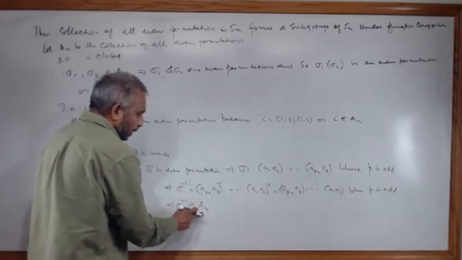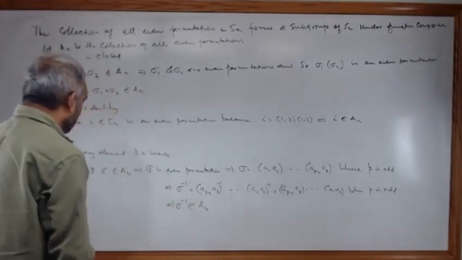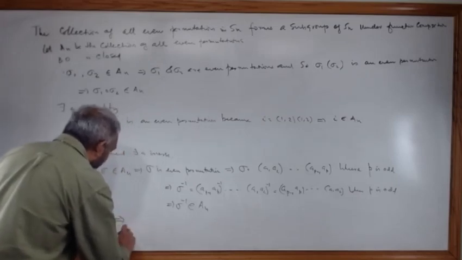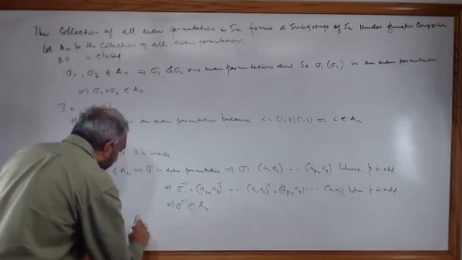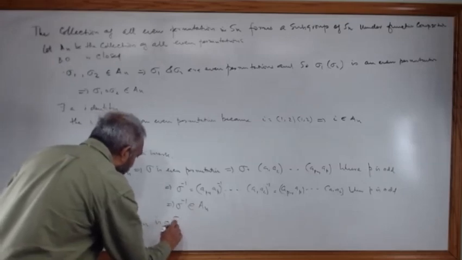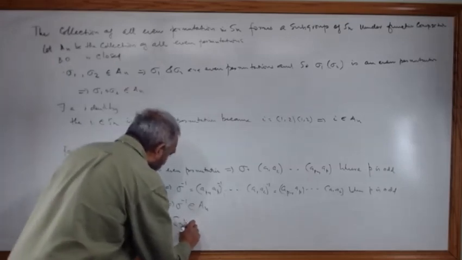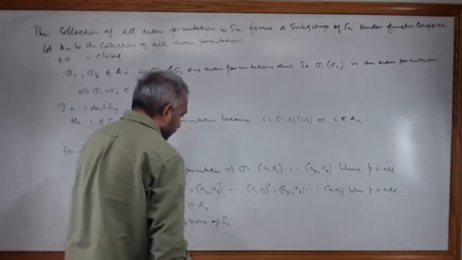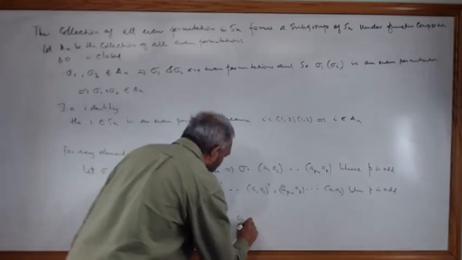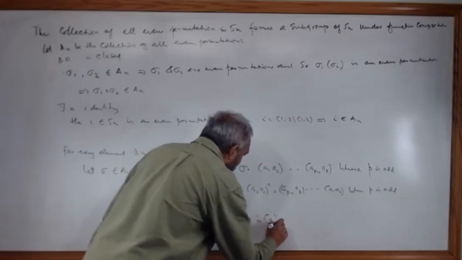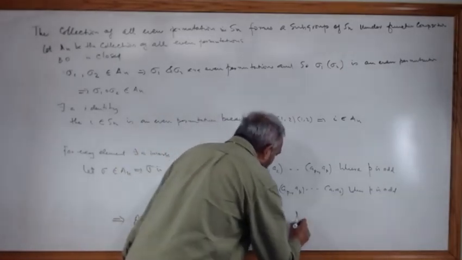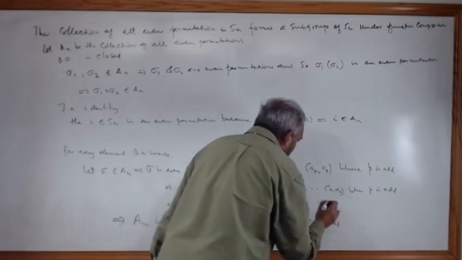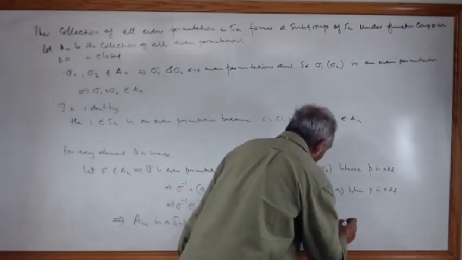So sigma inverse belongs to An, and that implies An is a subgroup of Sn and is called the alternating group.